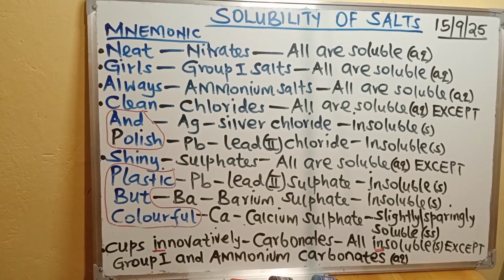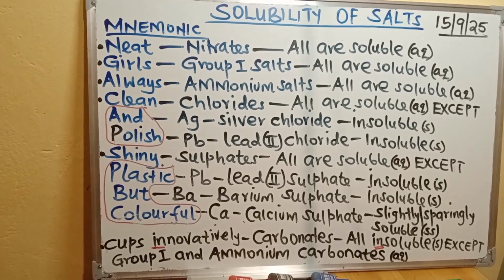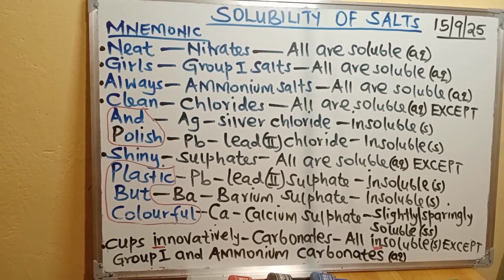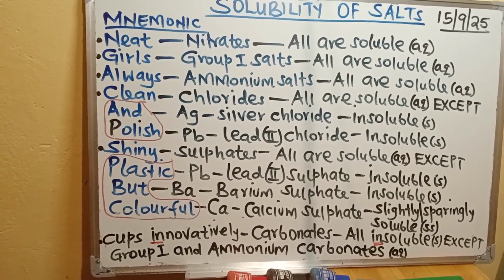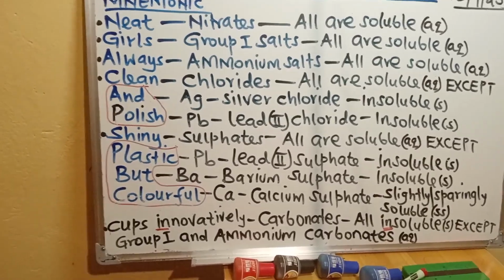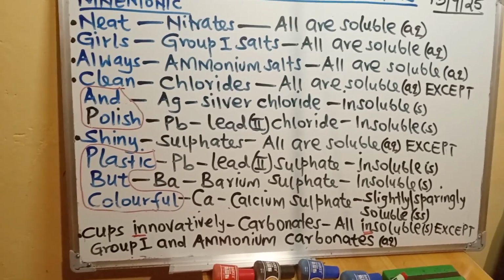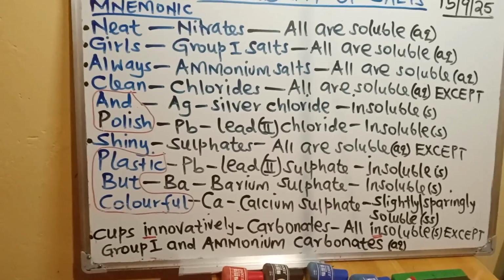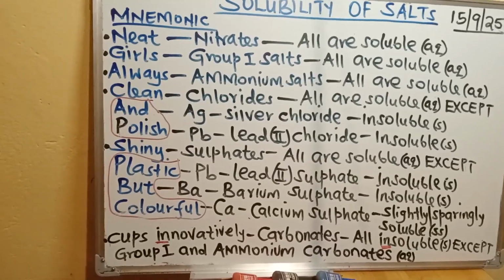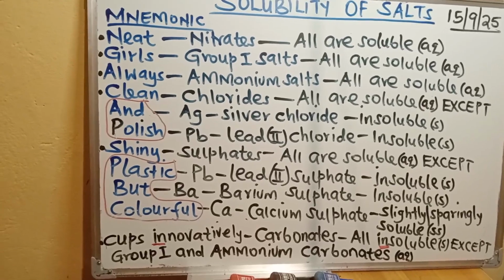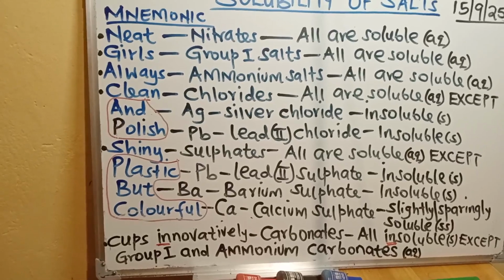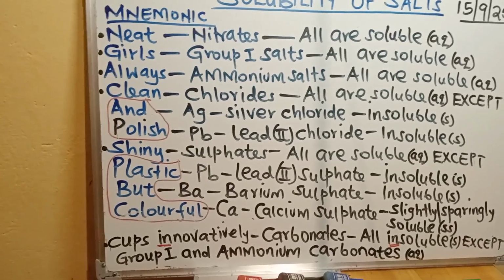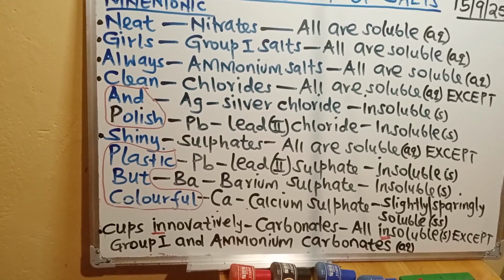Those that fail to dissolve completely in the water, those are the ones that we say are insoluble. And in our next lesson, I will also be showing you that salts cannot only be insoluble in water, but they can also be insoluble when you mix 2 types of salts.